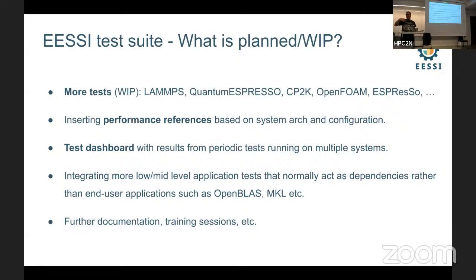So if you're running at the Hortense system in Ghent, for example, from the test you can ask, give me the performance reference number for the system I'm currently running on, and it just gets it from a YAML file or a JSON file or whatever. So you don't have to hard code this in the tests. All the tests are implemented in Python in Reframe. That's very good because you can do lots of dynamic stuff while the test is being run or while the test is being prepared.